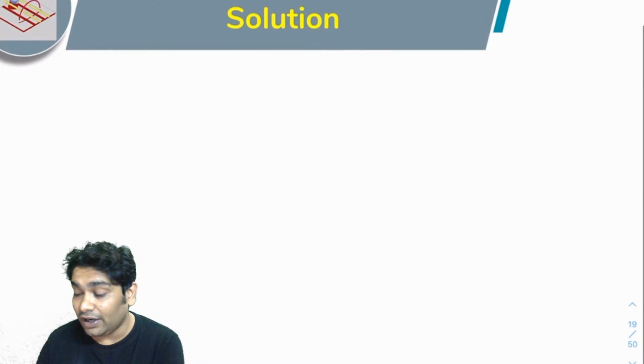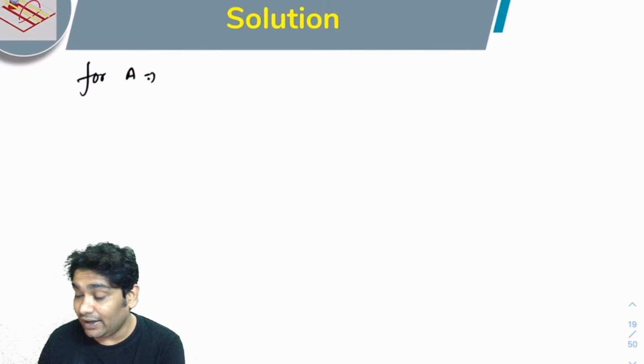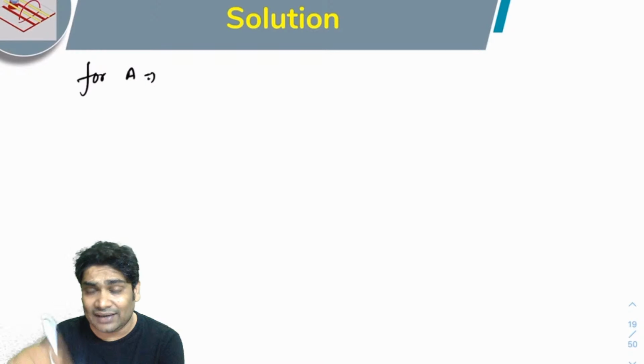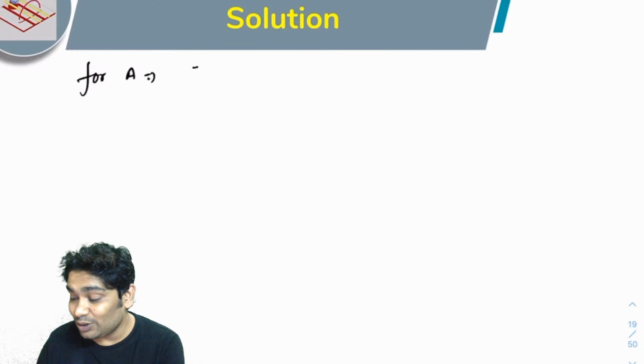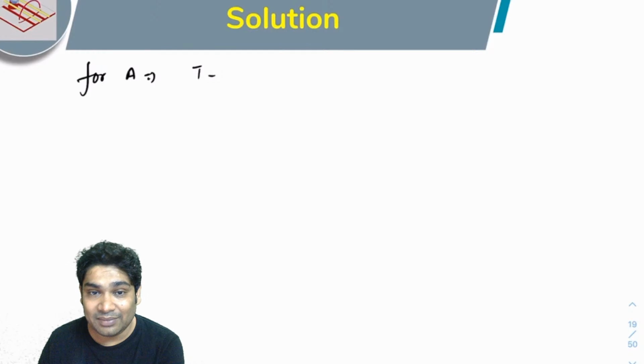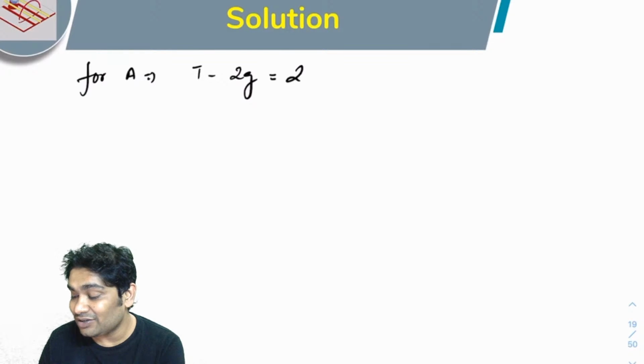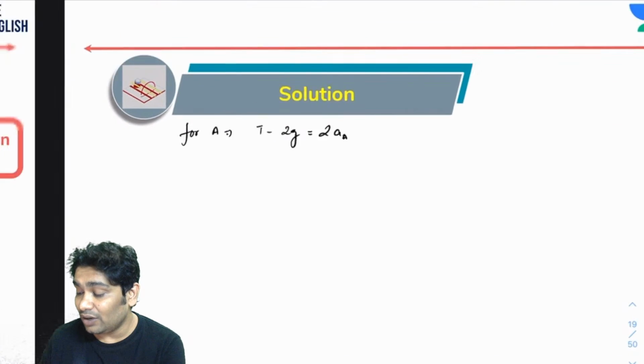First for A, what can I say? Assuming that A is going up, T minus 2g equals 2a_A.